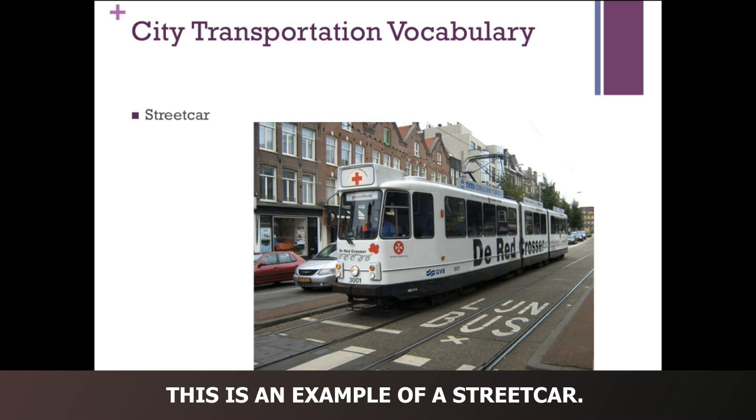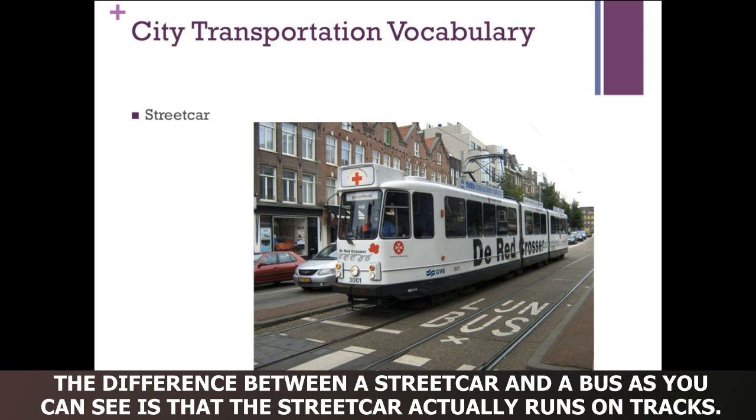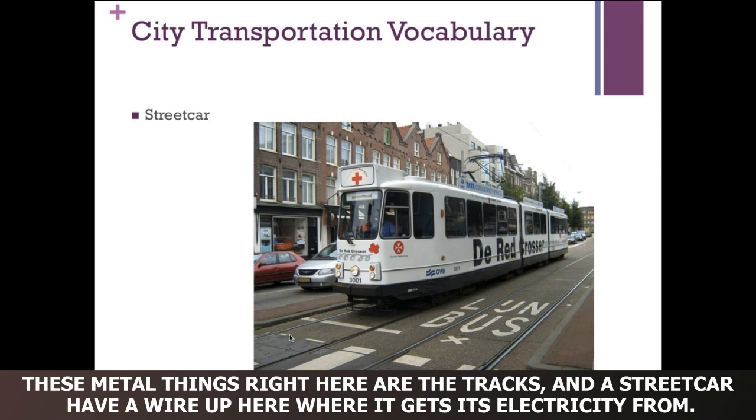This is an example of a streetcar. The difference between a streetcar and a bus, as you can see, is that the streetcar actually runs on tracks. These metal things right here are the tracks.